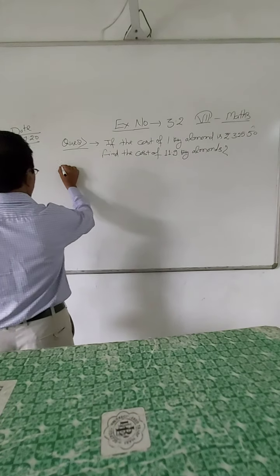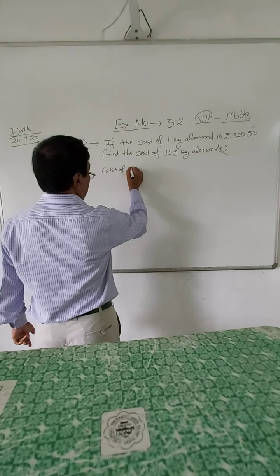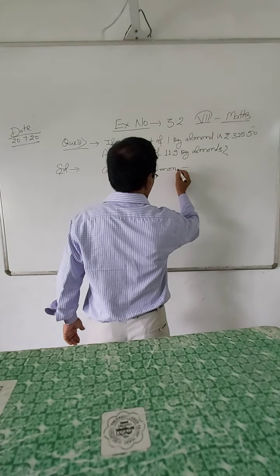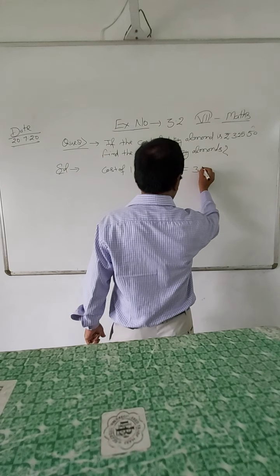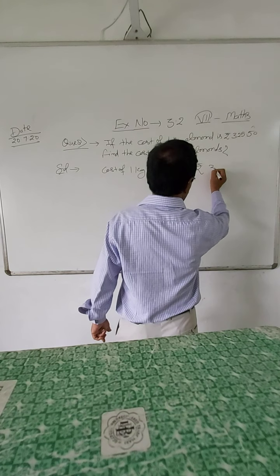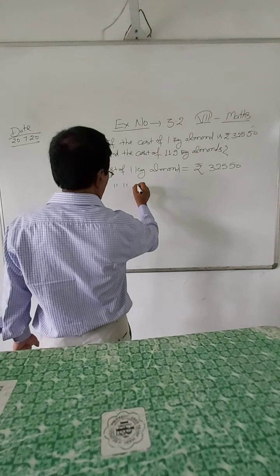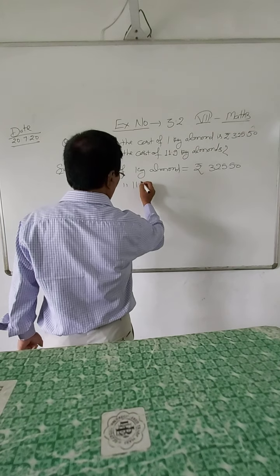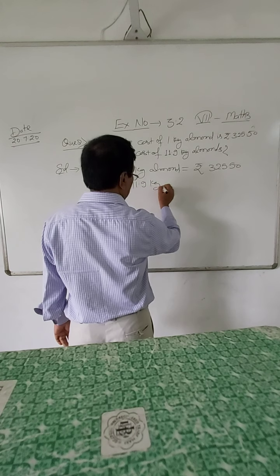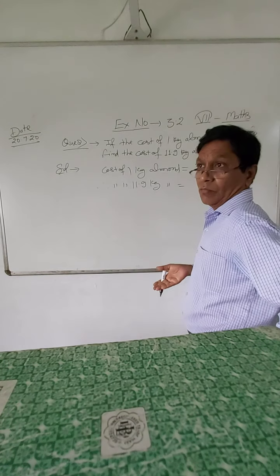So here, solution. Cost of 1 kg almond is equal to 325.50 rupees. Therefore, what is the cost of 11.9 kg almonds? The price of 1 kg is this much, so for 11.9 kg it is more, so you have to multiply.